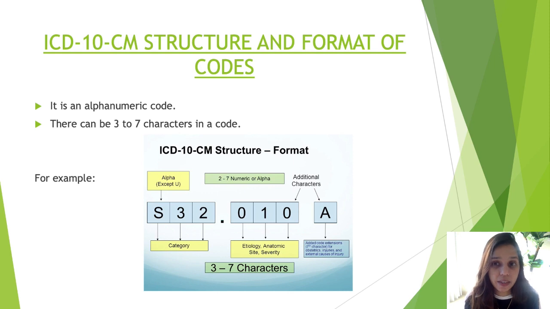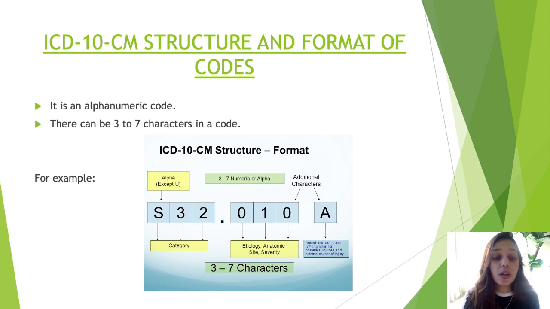The fourth character is your subcategory, which defines the cause of the disease or condition, symptom or stage of condition. 0 over here is the fourth character. The fifth and sixth characters, 1 and 0, define the specificity, like location or laterality, which means which side of the body part it is, right side or left side.